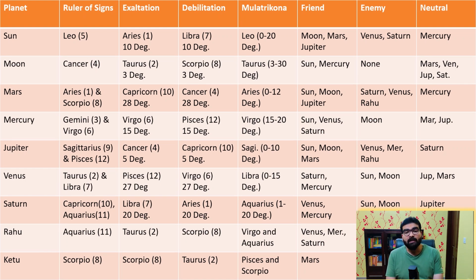Now the Mercury is debilitated in Pisces. It is simple, because Pisces is the awareness of the spiritual world. Mercury is the awareness of the material world. Mercury, I explained, it gives you the awareness of the material world around you. But Pisces does not control the material world. It is your pure absolute reality. It shows dissolution of the universe. So Mercury is a planet which cannot think beyond logic.